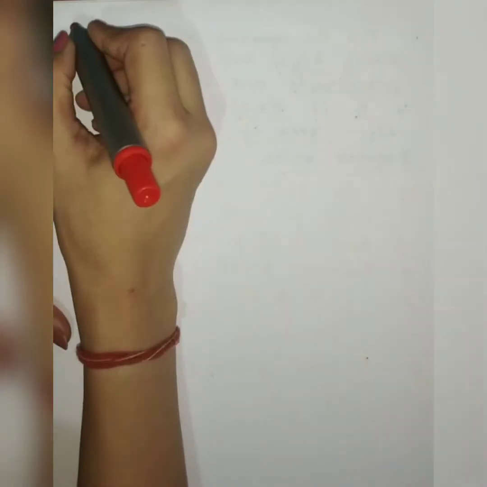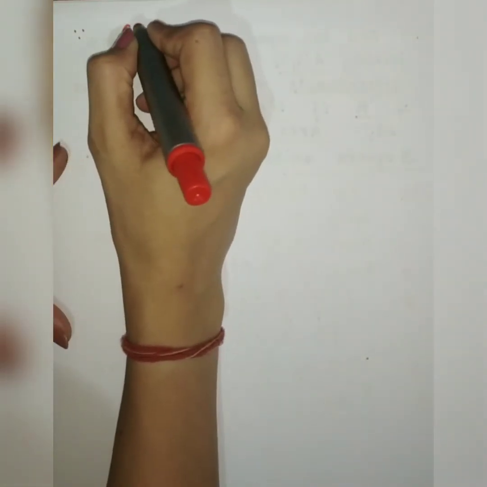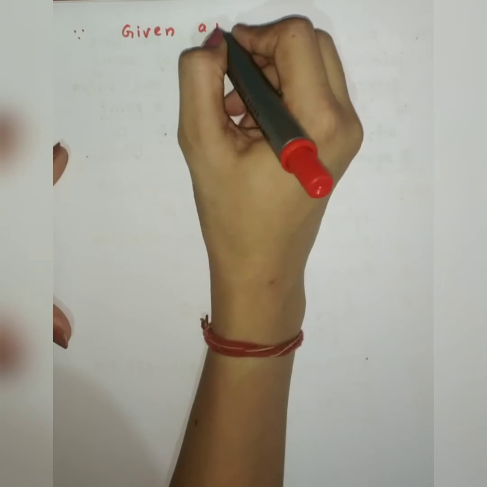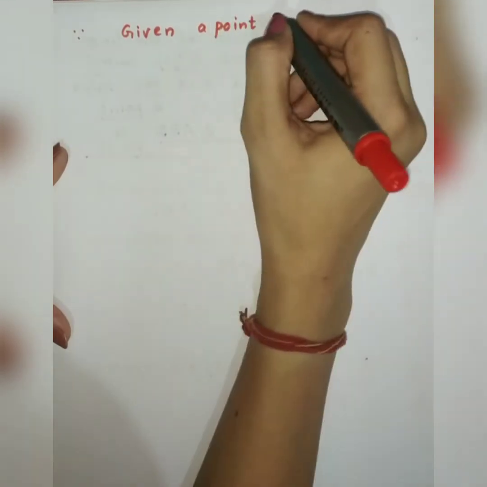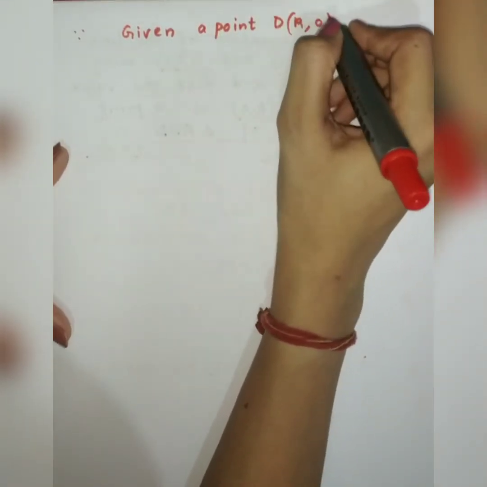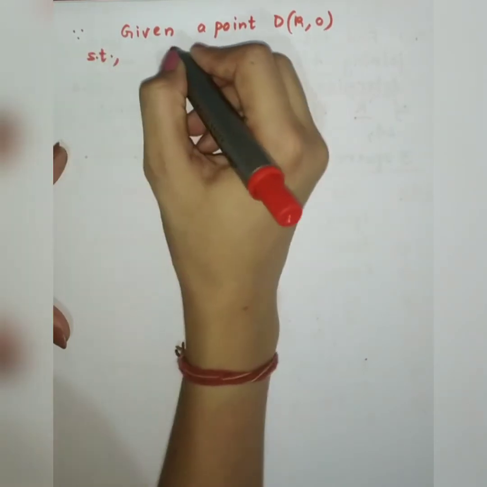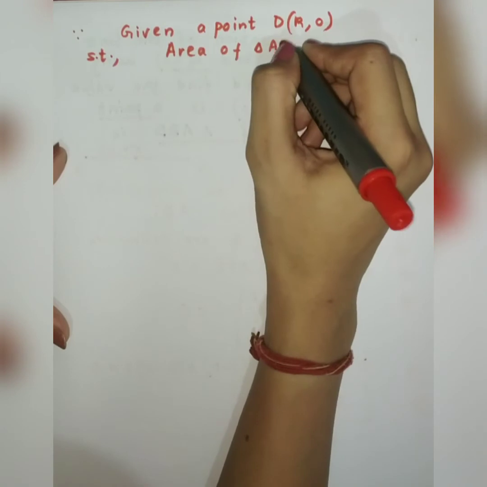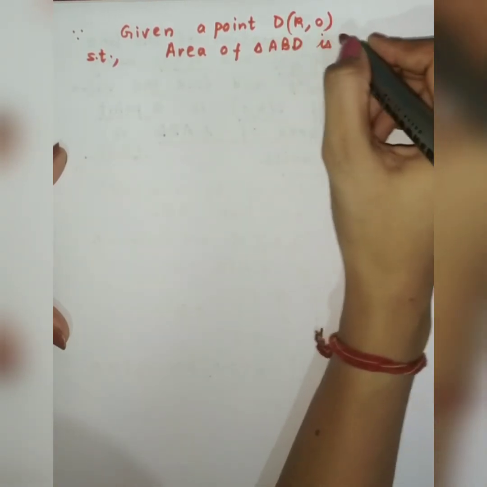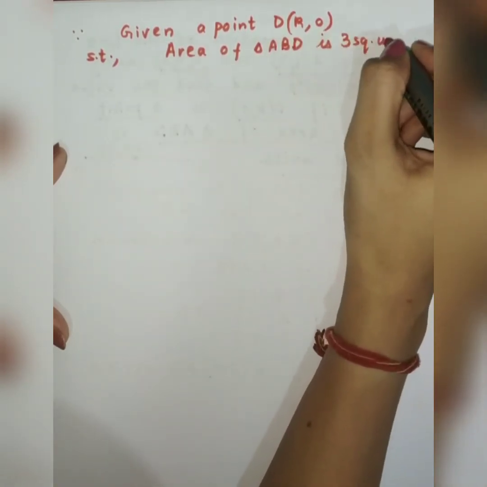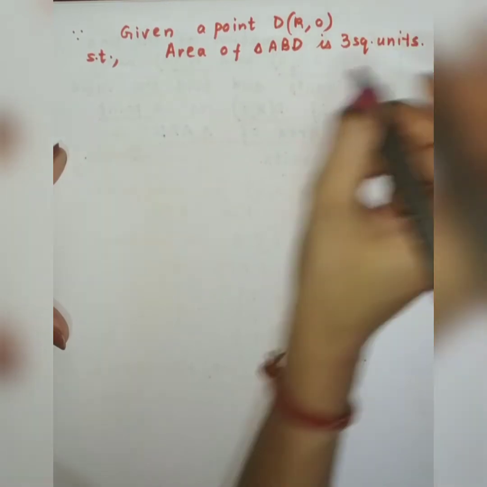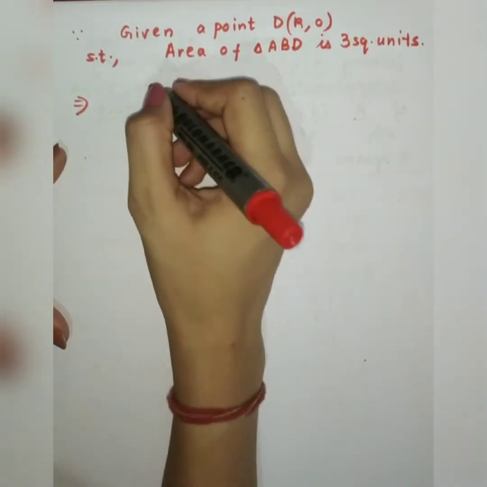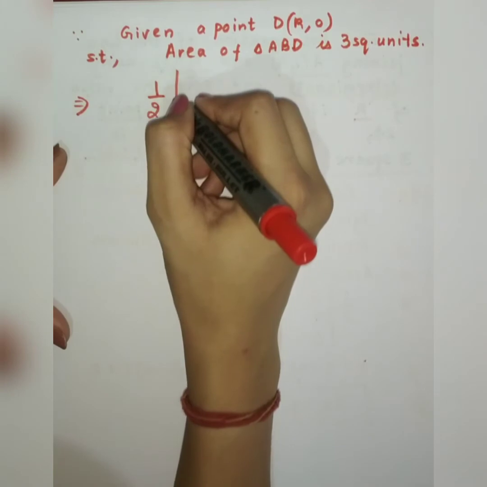Now in the question we use what is given. Since we are given a point D (k, 0) such that the area of triangle ABD is 3 square units, let us apply the result we have already done.